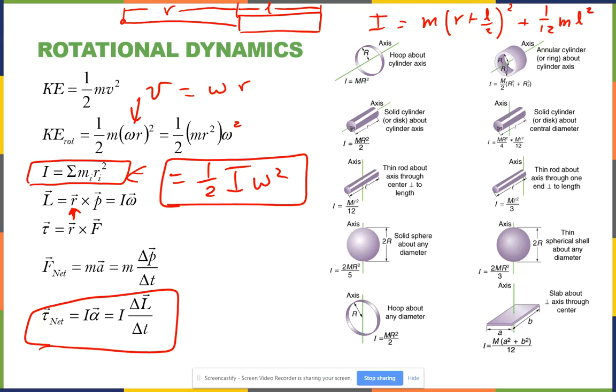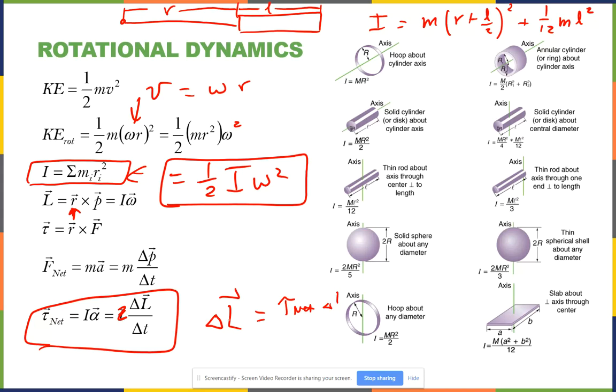So looking at that equation, net torque is equal to delta L over delta t. I can solve that equation for the change in angular momentum, which is equal to net torque times delta t.